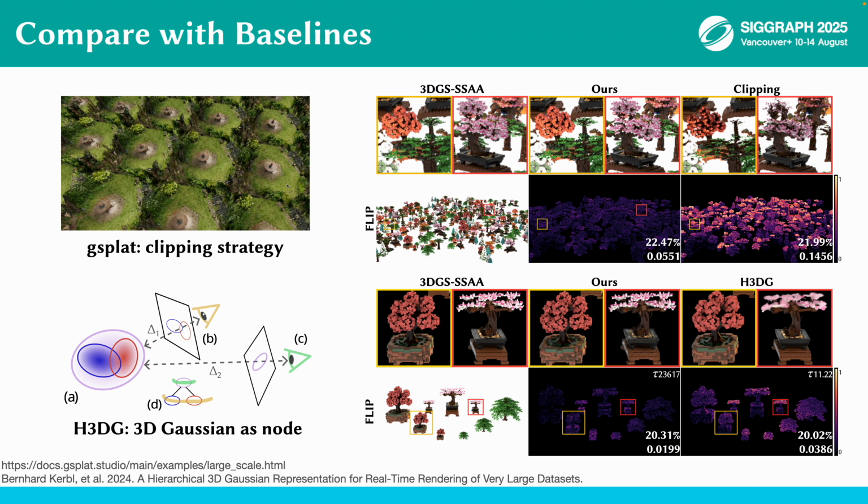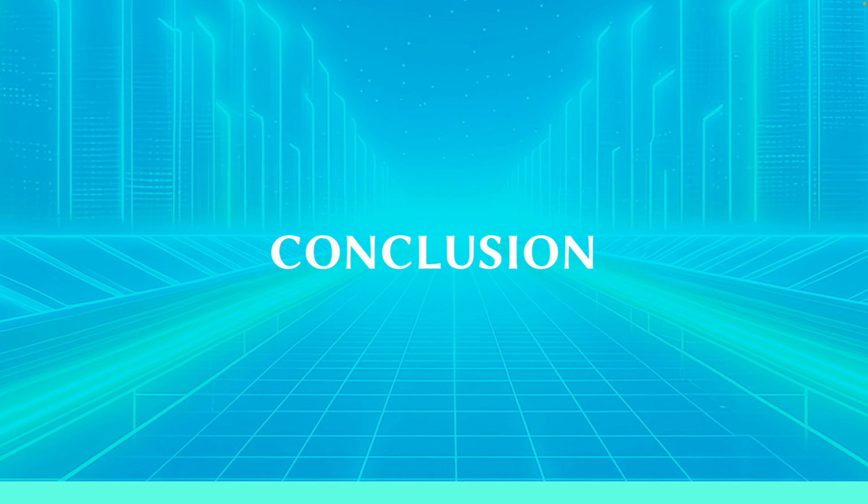The bottom row shows the related work, hierarchical 3D Gaussians. After some modification, it can be applied to acceleration of composed scenes. However, our method performs better than theirs by adopting the cluster instead of single 3D Gaussians as the basic unit. And finally, the conclusion.